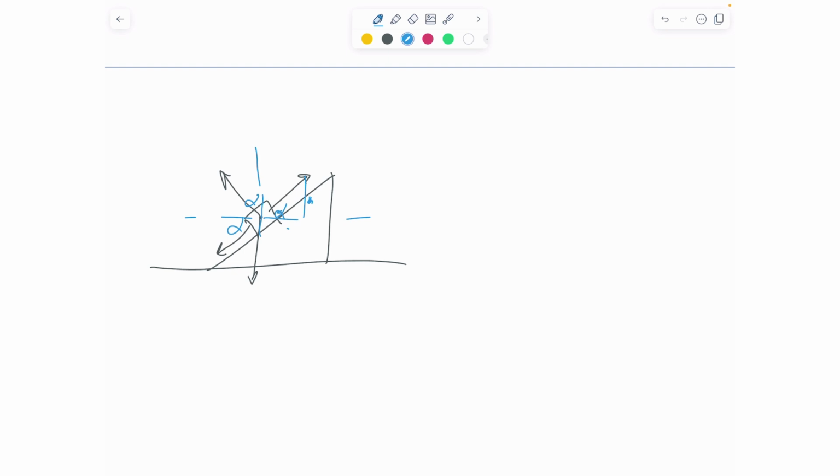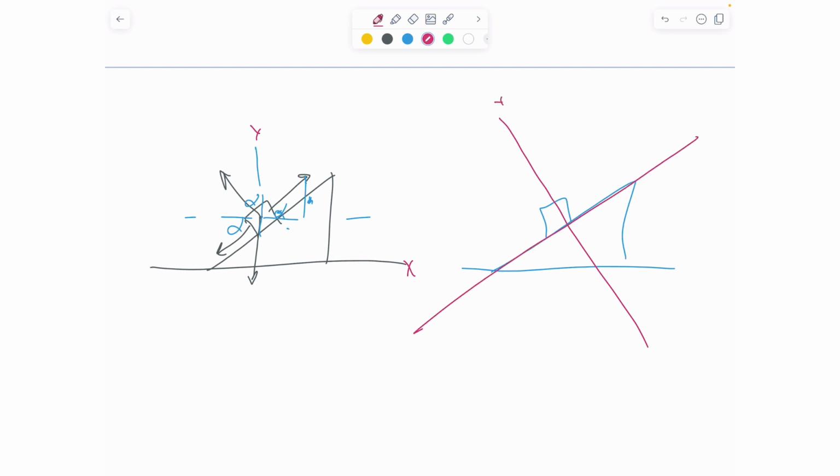So what you could do instead is look at your box and say, instead of this being my x-axis and this being my y-axis, this is my y-axis, and this is my x-axis. Now, if you turn it, everything is straight. Well, actually, everything is straight except for weight.